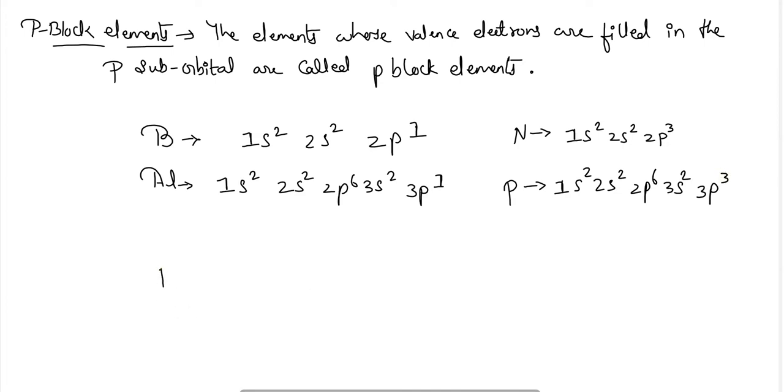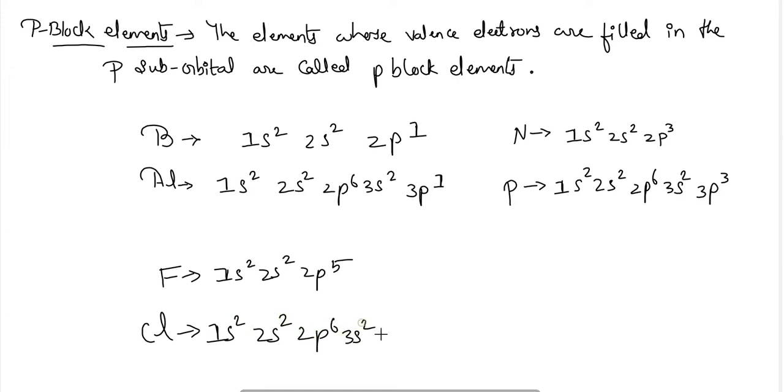For fluorine, I can take the example as 1s2, 2s2, 2p5. For chlorine, it will be 1s2, 2s2, 2p6, 3s2, 3p5.